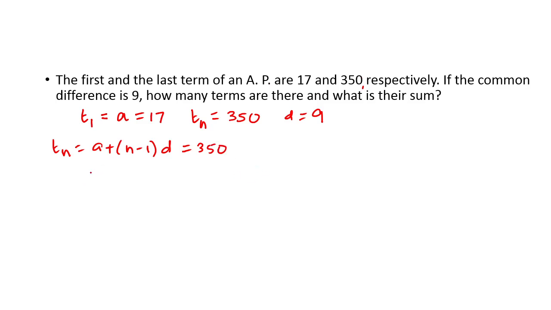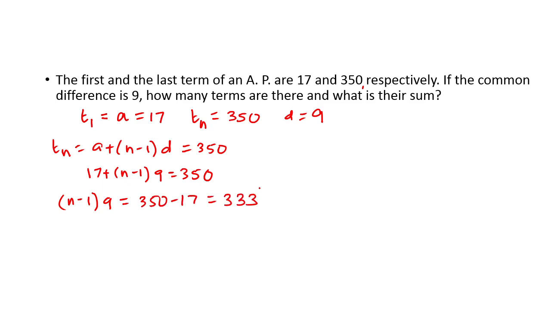A is 17, we know that, plus n minus 1 into d is 9, which is equal to 350. So n minus 1 into 9 is equal to 350 minus 17. 350 minus 17 is 333. So n minus 1 will be equal to 333 upon 9.